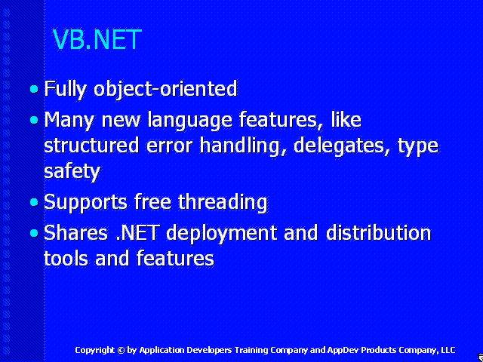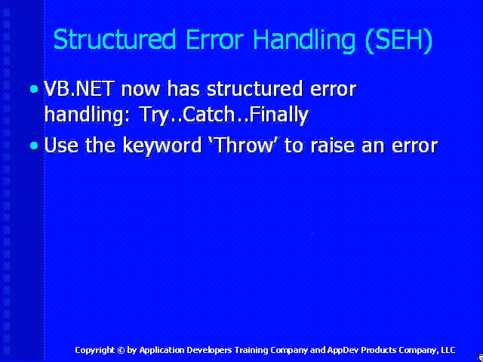Let's take a closer look at structured error handling because it's something that VB developers have been asking for a long time. Structured error handling amounts to now being able to more gracefully capture errors as they occur, do some kind of handling of the error.